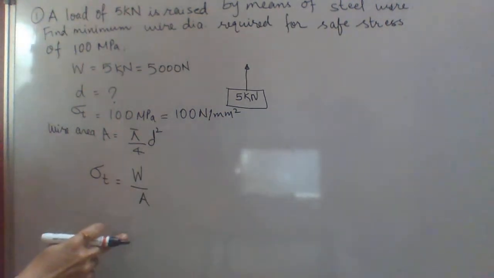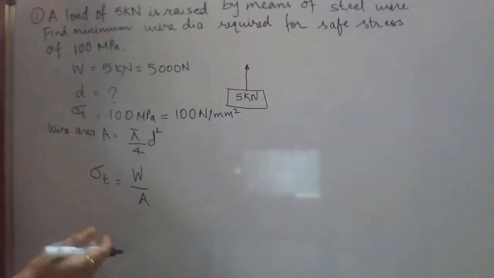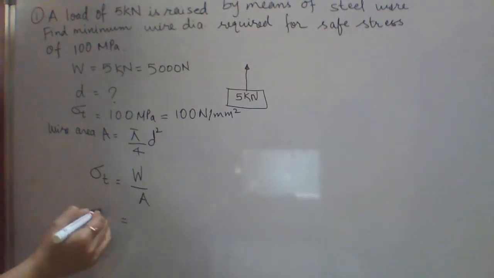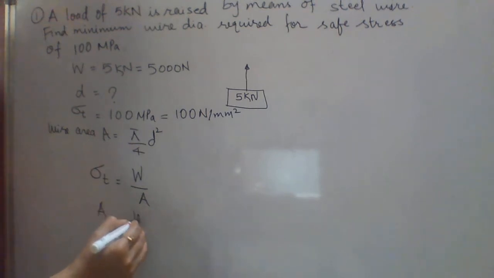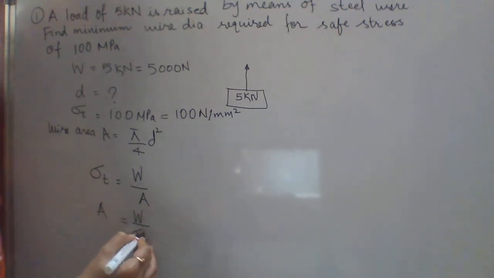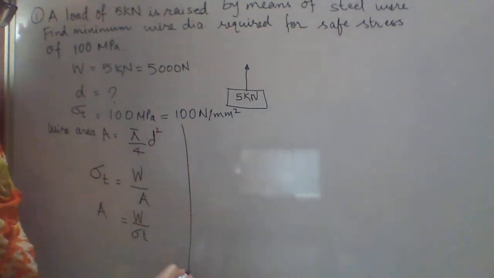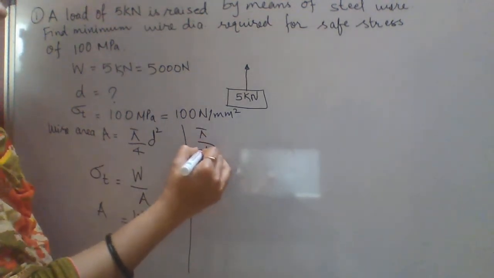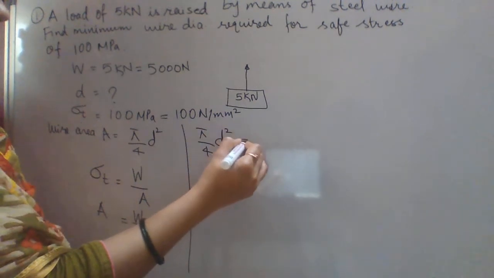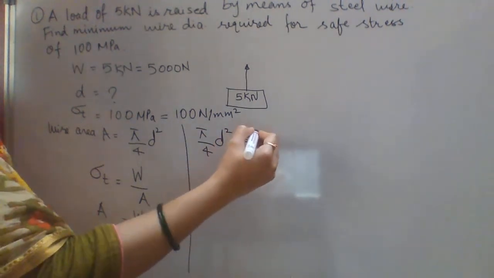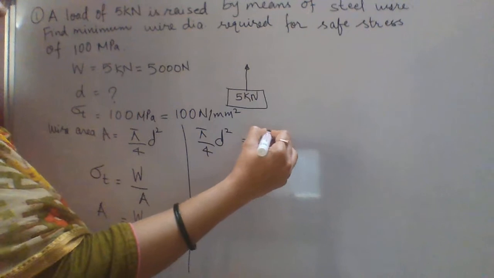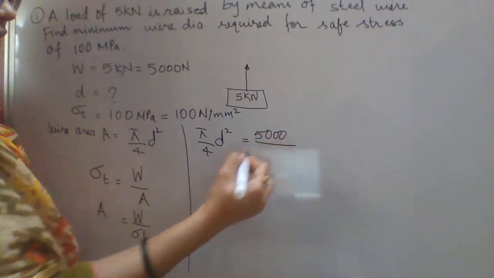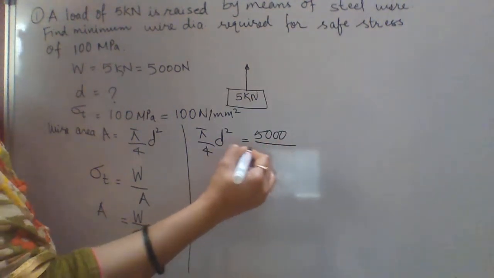The unknown dimension is in area, so I'll take area here. Area is equal to W upon sigma T. Notice area, this is pi by 4 d square is equal to, how much is W? We'll put the values, 5000 divided by sigma T, which is given 100.